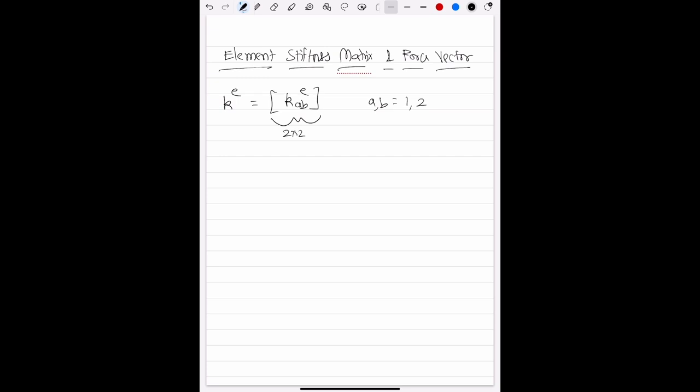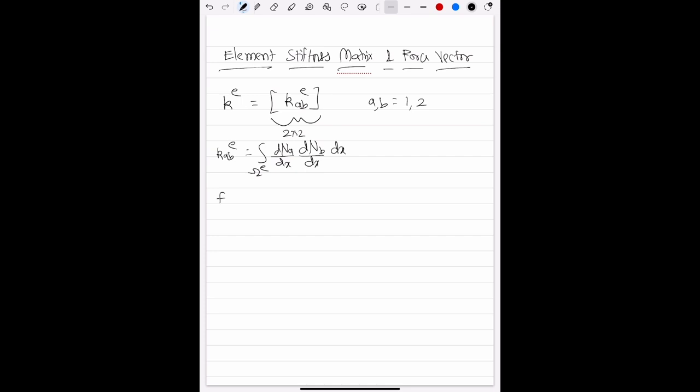This can be defined as k^e_AB equals the integral over the domain of the element E of dN_A/dx dN_B/dx dx. Again, I'd like to highlight that here small n_a and small n_b are the basis functions described in the local description. So here a and b are 1 and 2 since there are only two nodes associated with element E.